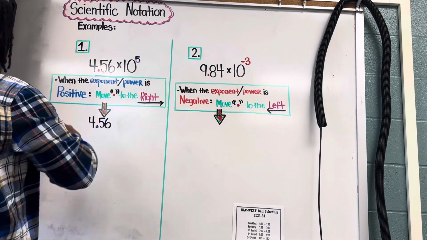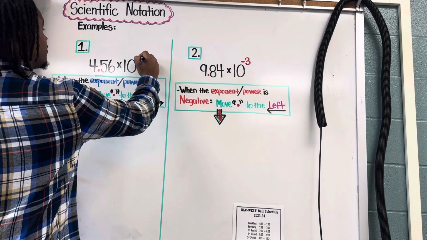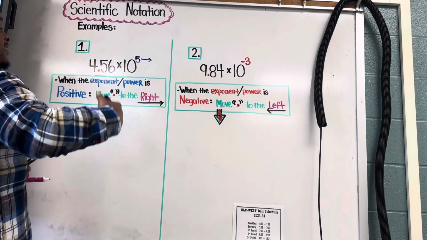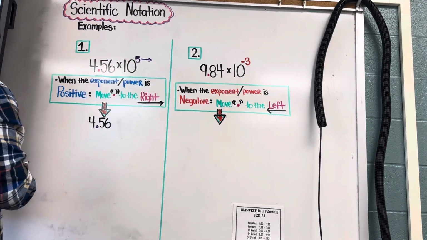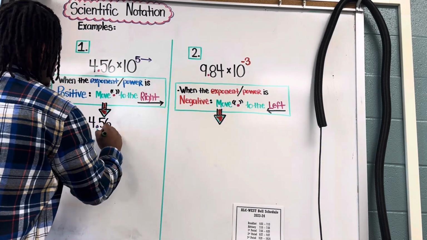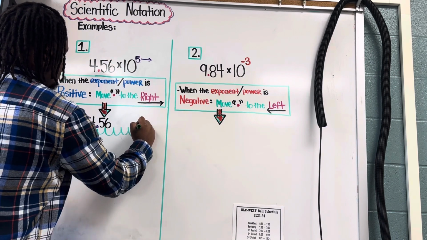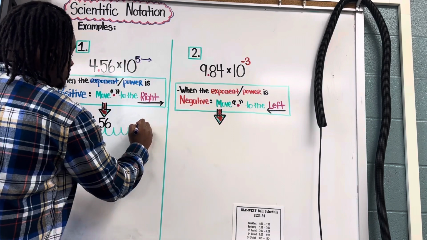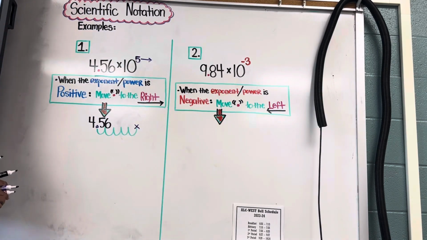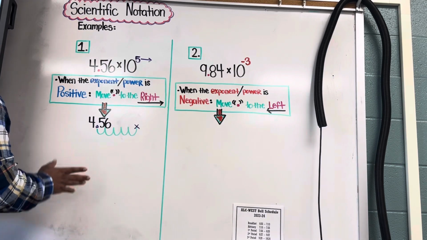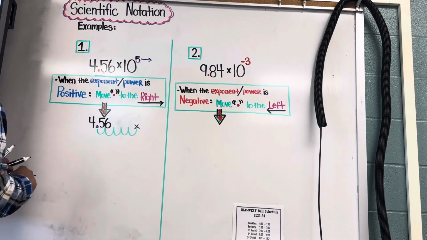What that means is, since it's positive, we must move the decimal 5 times, or 5 place values, to the right, okay? So let's actually do that. 1, 2, 3, 4, 5. So now the decimal would land right there, okay? Once again, 1, 2, 3, 4, 5. So I move 5 units to the right, okay?